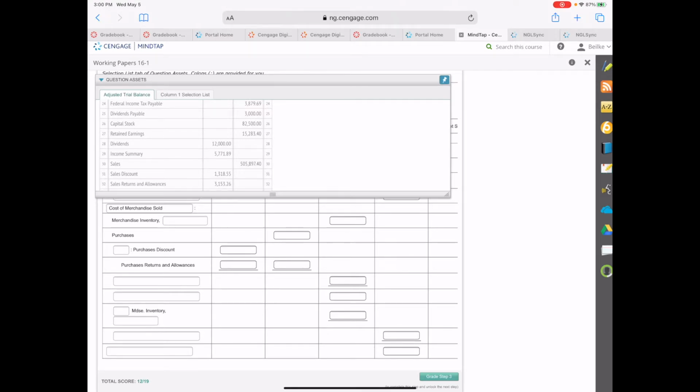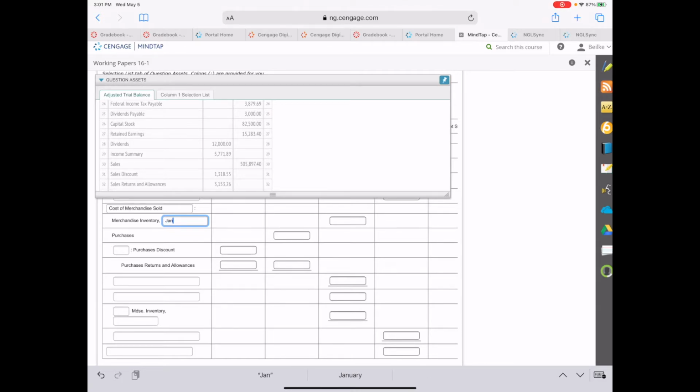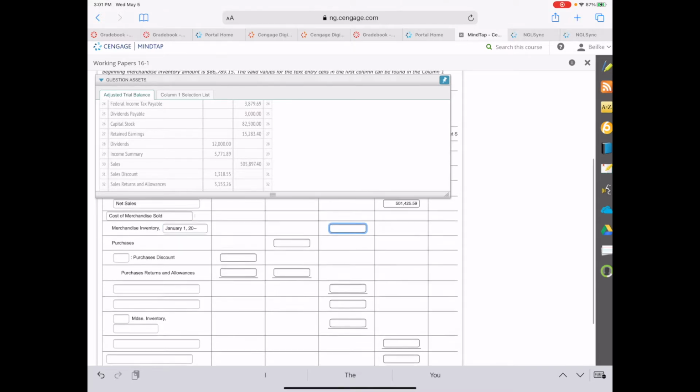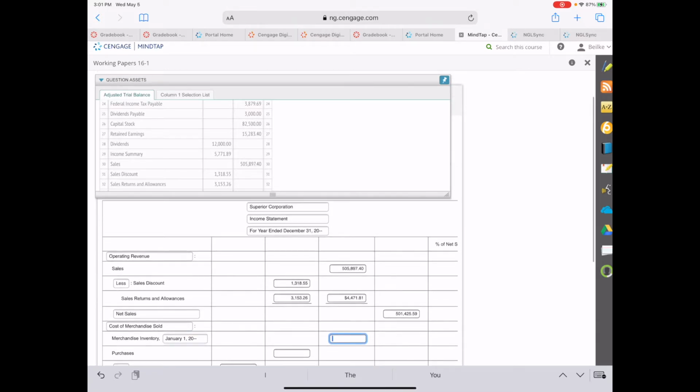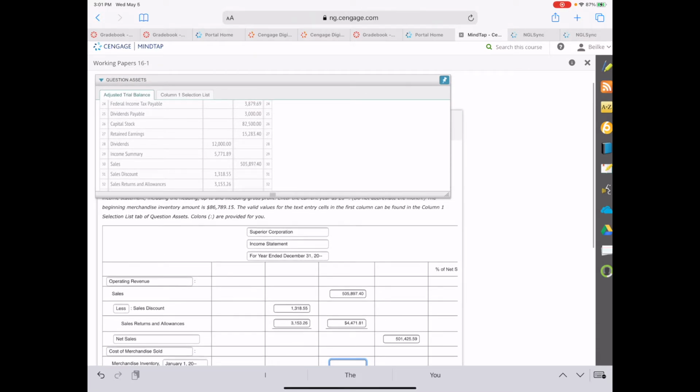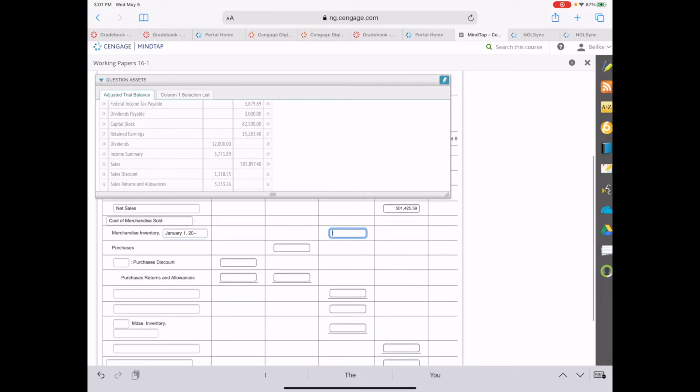So the first thing we have to do is find out our merchandise inventory at the beginning of the fiscal period, which is January 1st, 20 dash. To find that, we have to go back up into our instructions, and you'll see there in our instructions it says it's $86,789.15. So we'll plug that number in there.